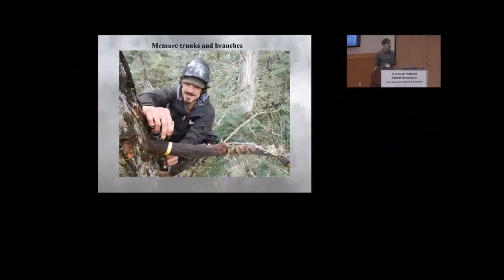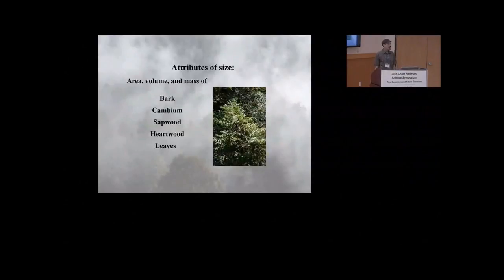So trees were accessed with rope climbing techniques. All trunks and branches were measured for position, size, and percent dead. 30 of the 2,480 young growth branches were removed and dissected to quantify the area, the volume, and the mass of the bark, the cambium, the sapwood, the heartwood, and the leaves.